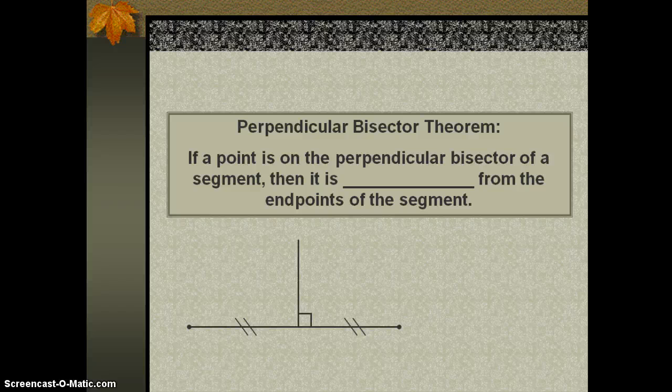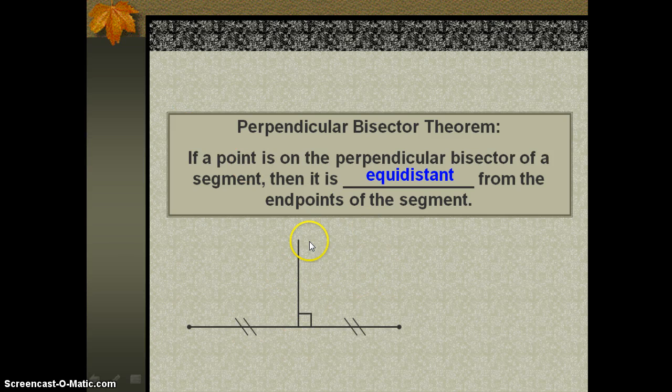So first we have a perpendicular bisector theorem. If a point is on the perpendicular bisector of a segment, so here we have a perpendicular bisector of this segment right here. It forms a 90-degree angle with the segment and it cuts the segment in half, which is why I have these two sides marked congruent. So if I have a point on this perpendicular bisector, then it is equidistant from the endpoints of the segment.